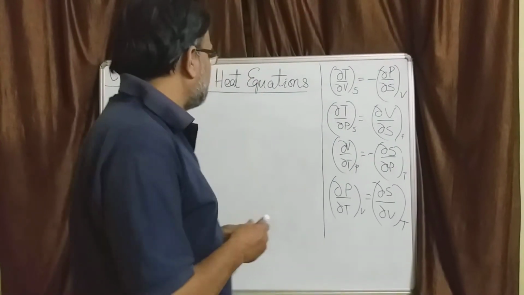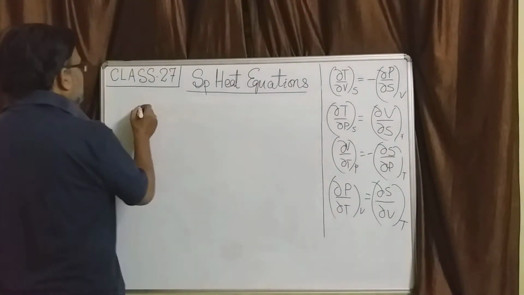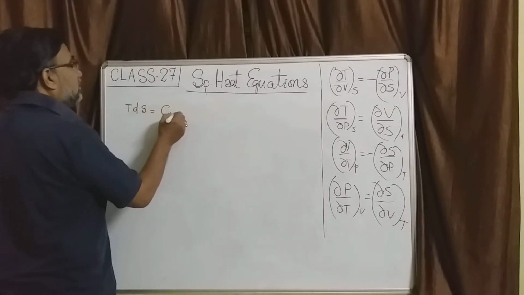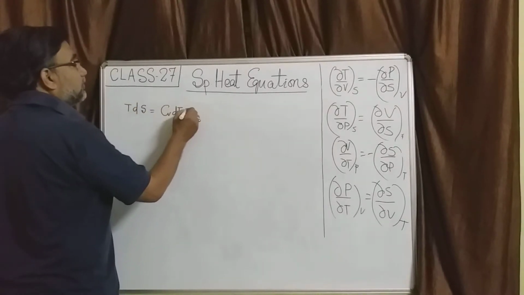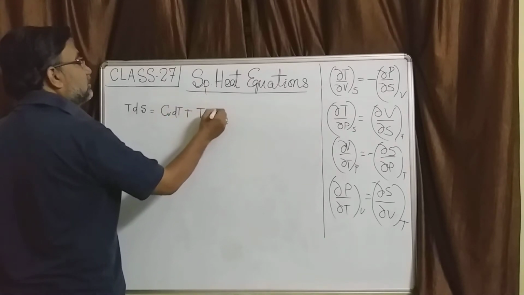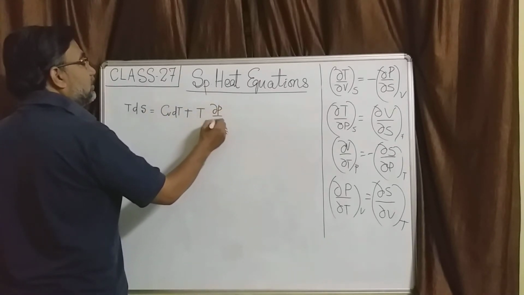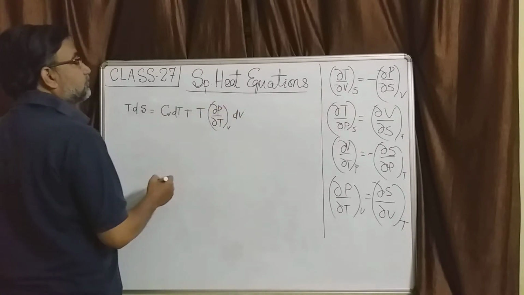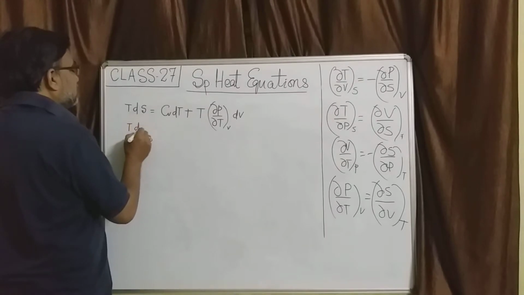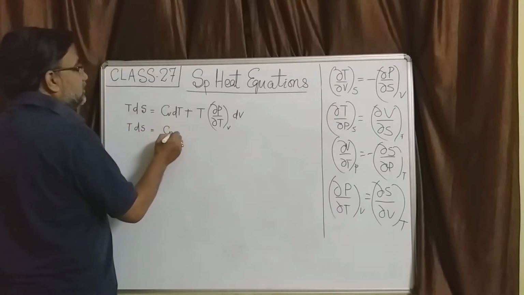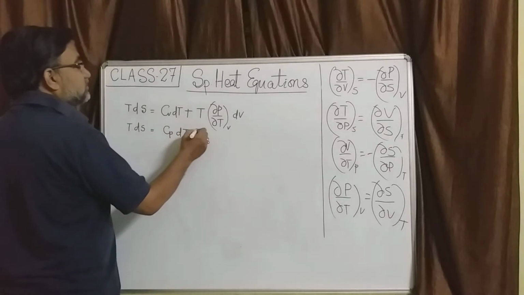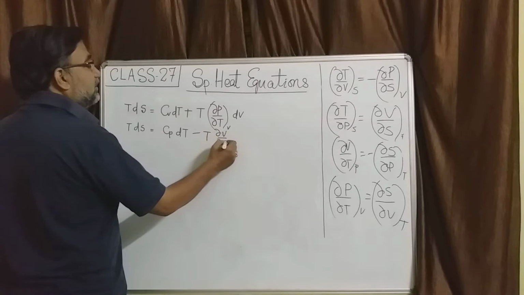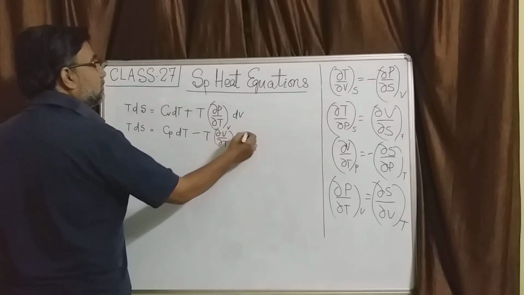Now what is the first TdS equation? The first TdS equation says TdS is equal to Cv dT plus T (∂P/∂T)_V dV, and the second TdS equation, which contains the Cp dT term, says it is Cp dT minus T (∂V/∂T)_P dP.